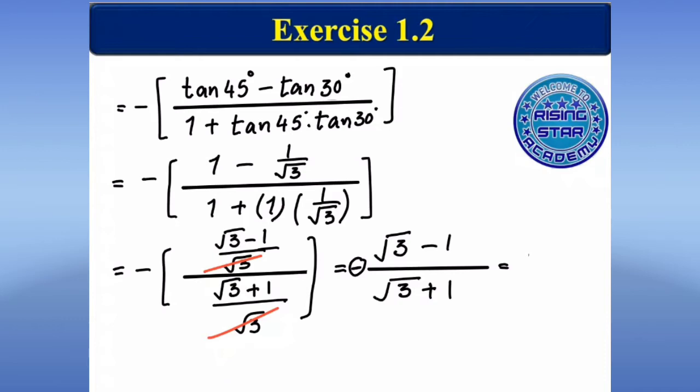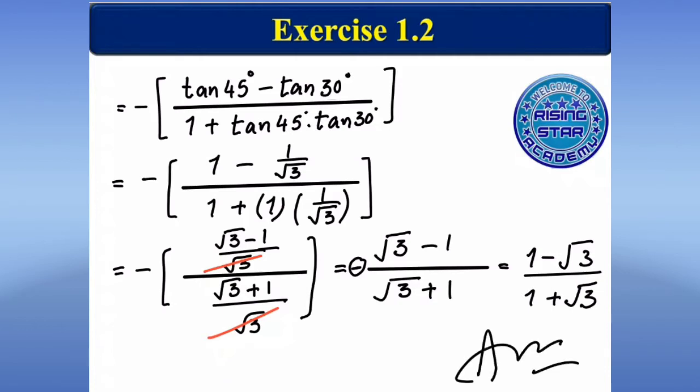If we want to write our answer in positive value, or convert this negative sign into positive, we can write our answer like 1 minus square root of 3 over 1 plus square root of 3, and that would be our answer. Move to the next part now.